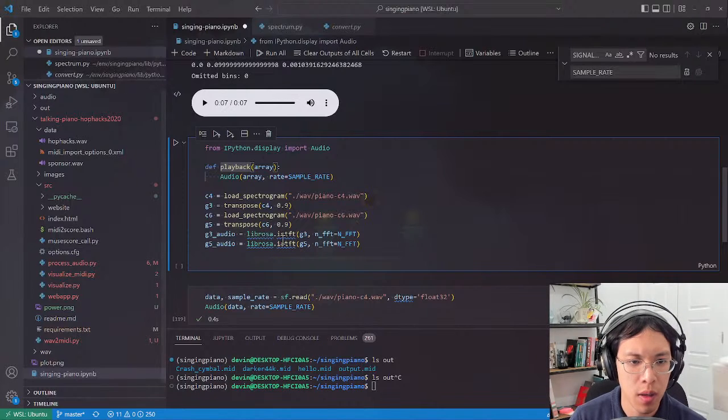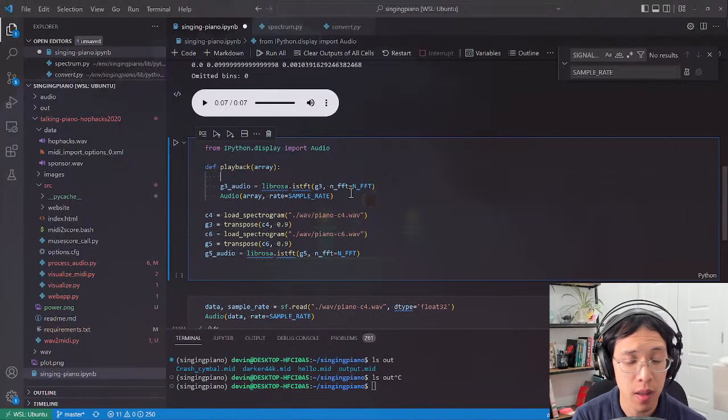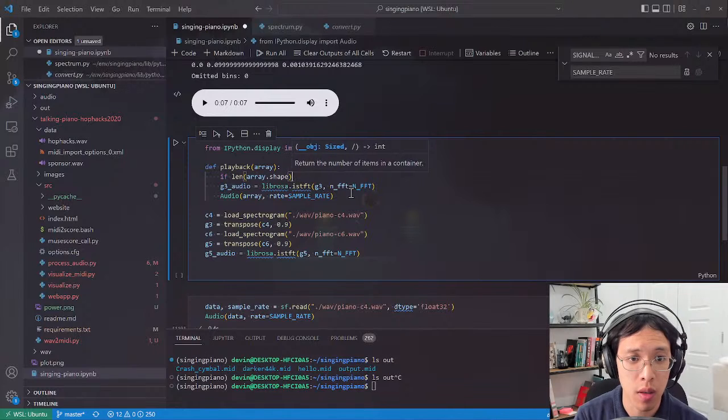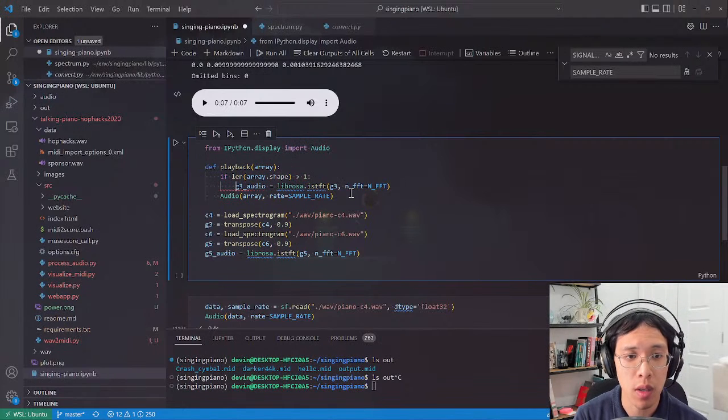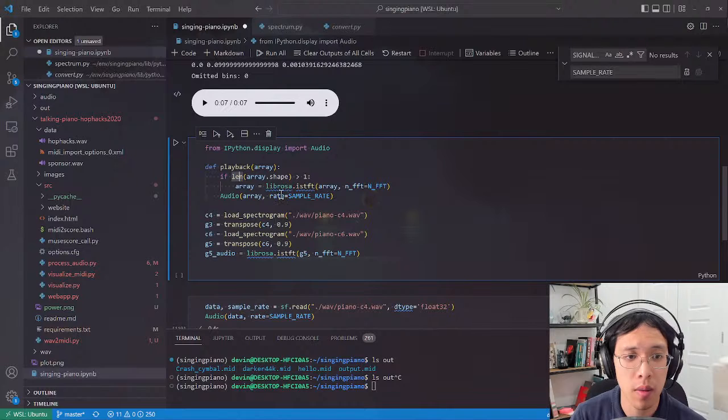You know what? I'm gonna make this a little more sophisticated, which is it'll just automatically detect if this array is in the correct format or not. So if length array.shape. So if the number of dimensions is greater than 1, we're going to do the inverse transform. And then generate the audio out.